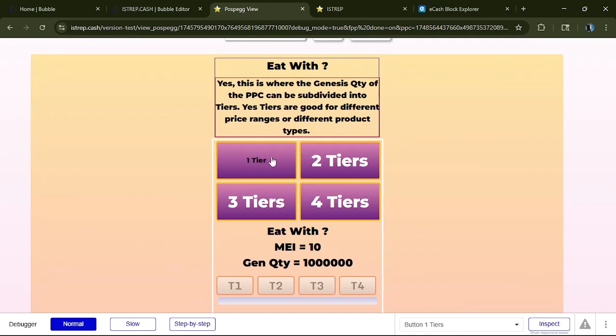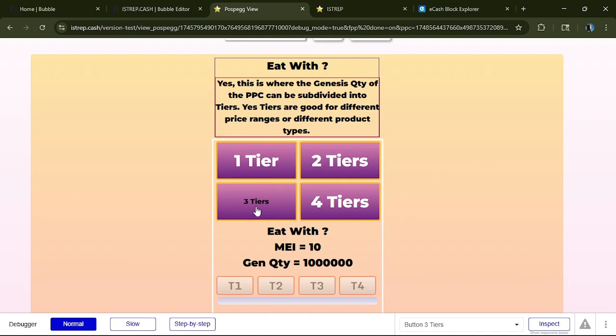If you're doing digital PPCs, one tier probably makes sense. If you are doing something that could break down easily, you might like three tiers: low tier, mid tier, high tier, and that's it.